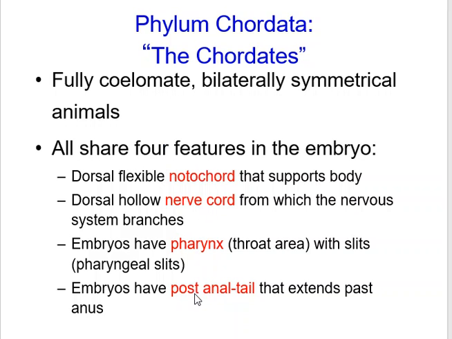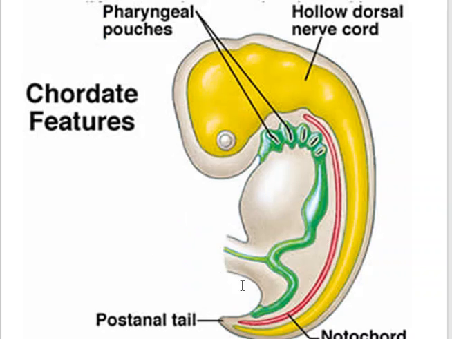The other three elements which are common to all the chordates are a nerve cord, which forms the nervous system. This nerve cord is dorsal to the notochord and is hollow. The other two elements are the pharyngeal slits or gill openings, as well as a post-anal tail.